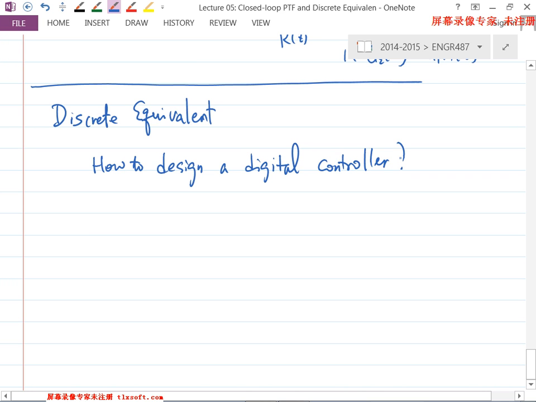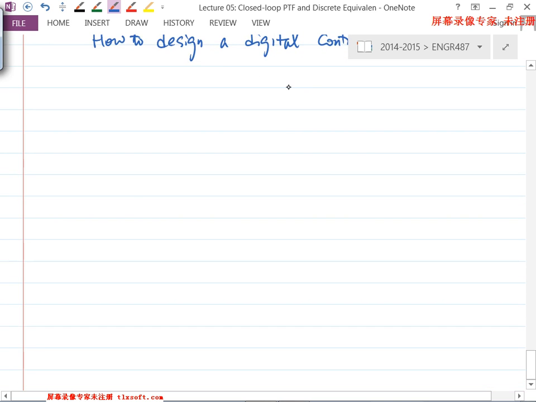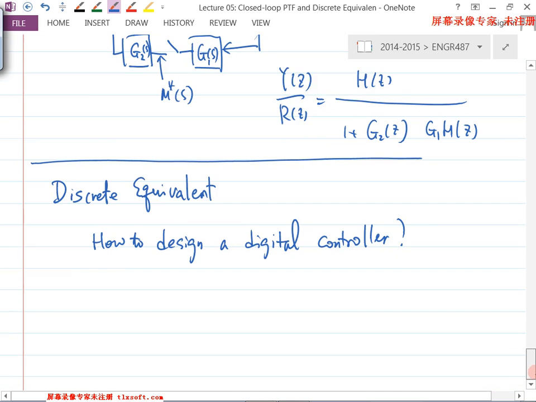Now, if the question is how do you come up with a continuous time controller, then your answer will be, I need to come up with a model of the system, and then design my continuous controller based on the model. Here it's the same thing. If I want to design a digital controller, I still need the model.